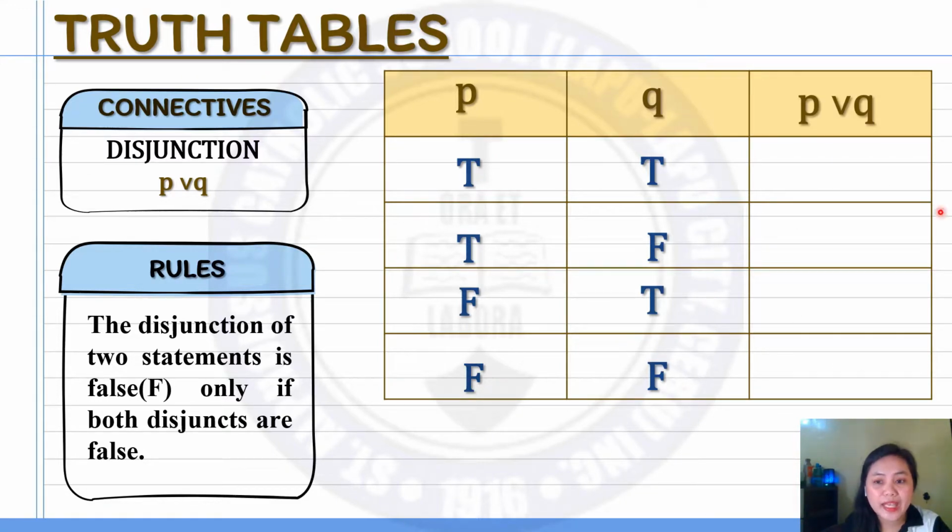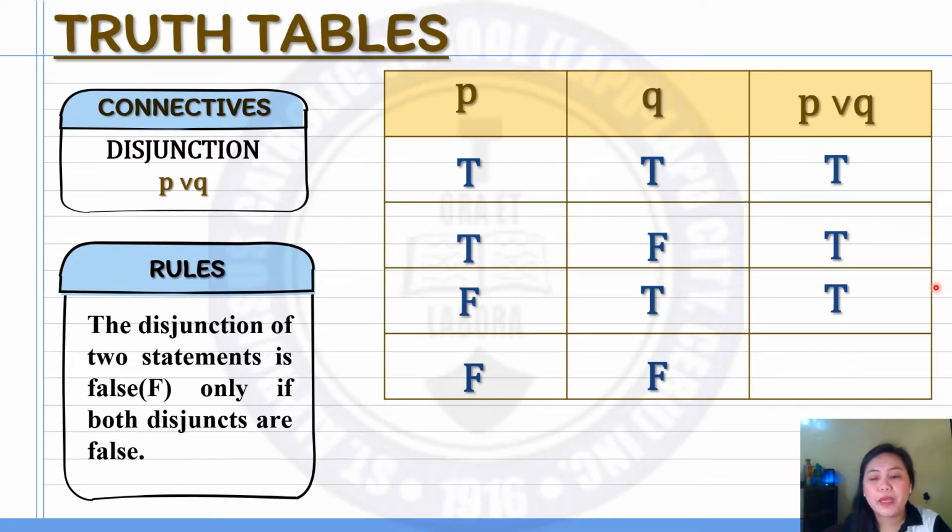So, as we get the disjunction of these two statements, P or Q is true if you have true, true. P or Q is true also if you have true, false.